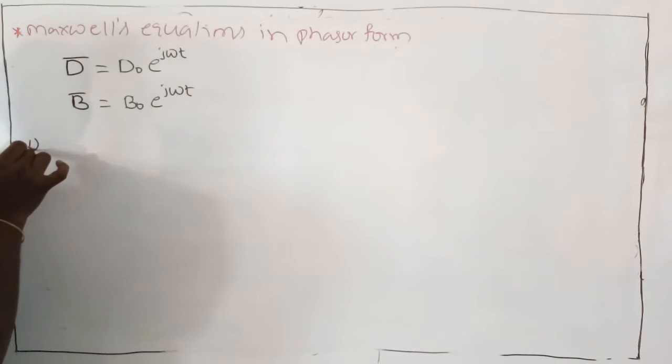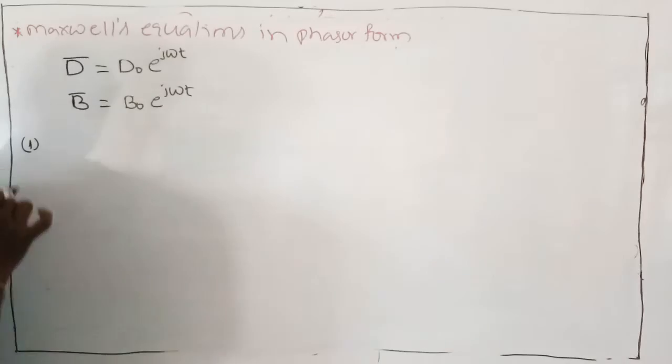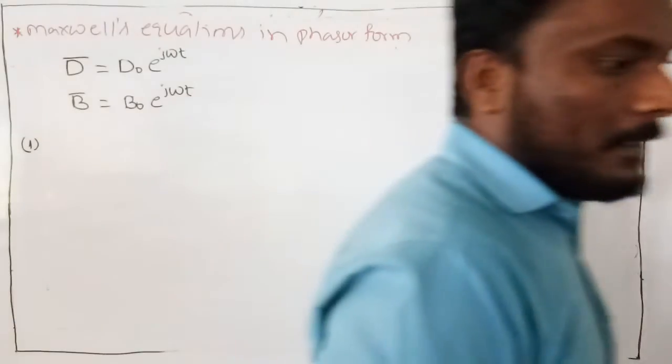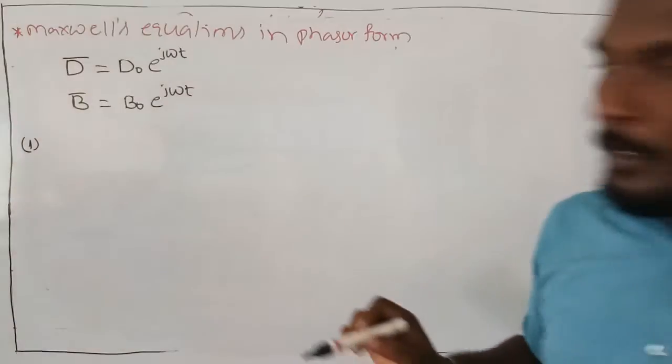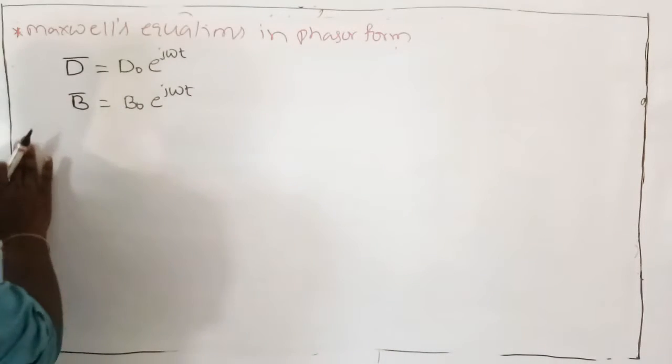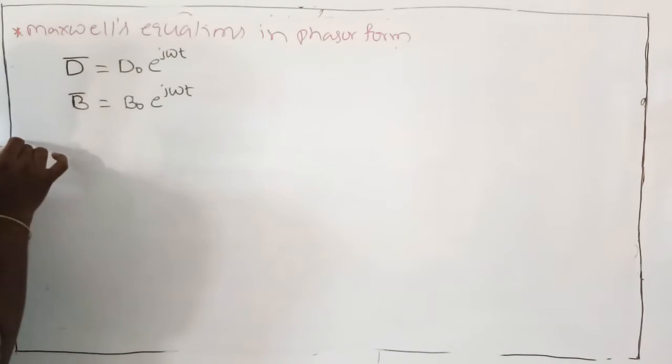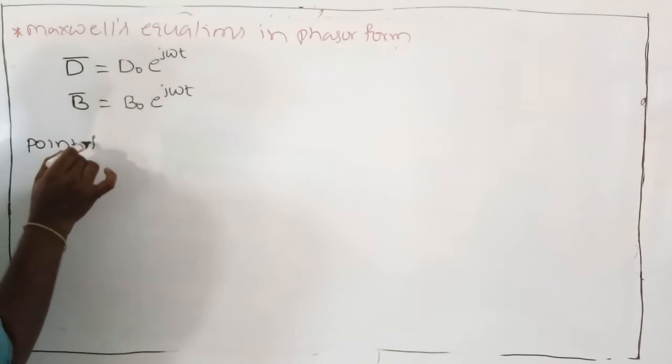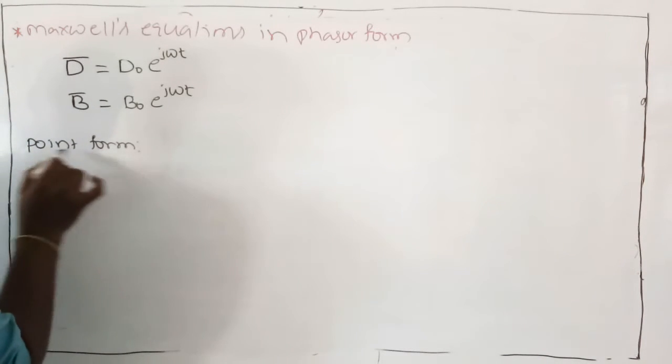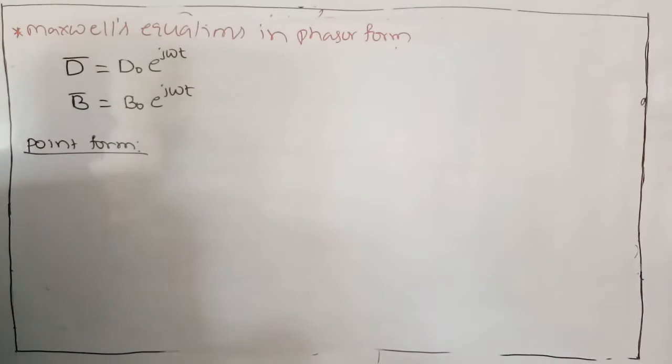So write the Maxwell's equations first. First of all, I am writing the Maxwell's equation derived from the Faraday's law in point form. First of all, I am expressing the Maxwell's equations in phasor form in point form. Then followed by, I will write the integrations.